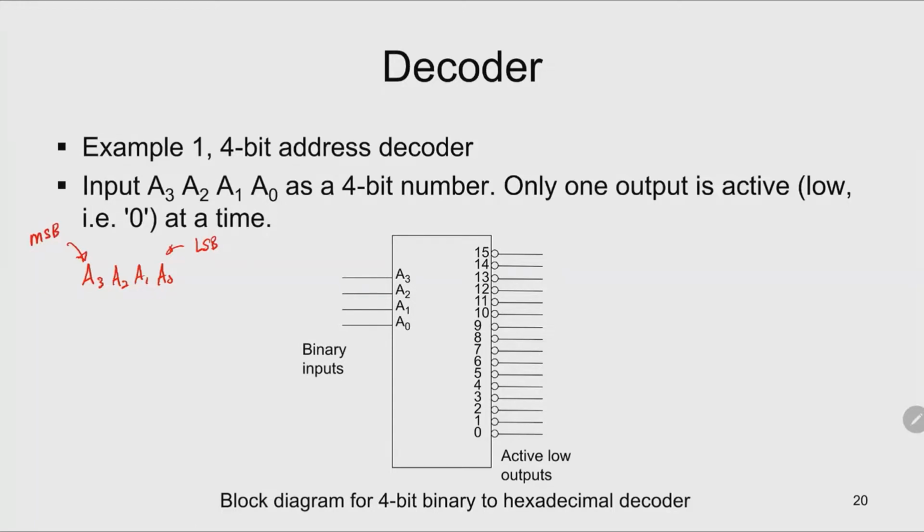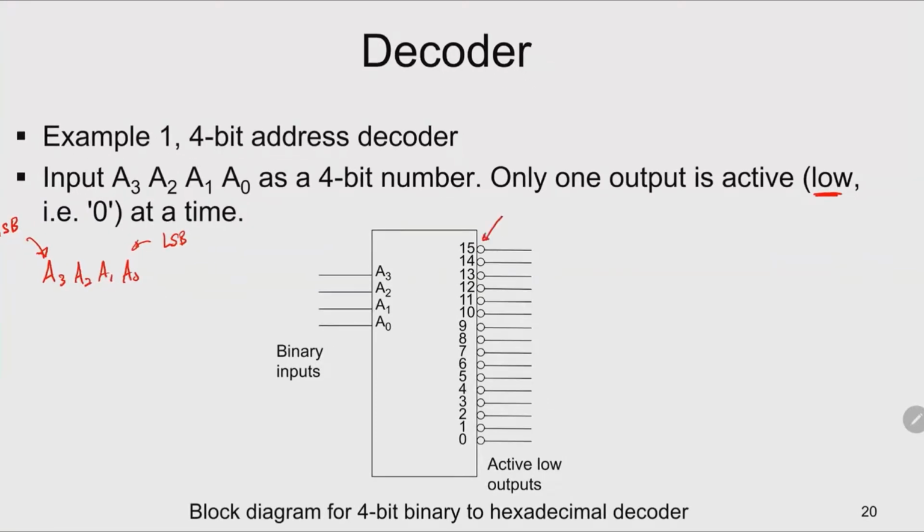And in this decoder, the output is called an active low output. You can see that it's indicated with a bubble at the output to indicate that it is an active low.